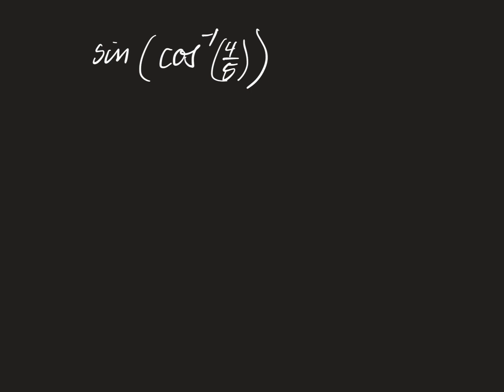So the way you want to do this problem is, you notice the inverse cosine is of a ratio. So whatever is inside an inverse trig function is a ratio. So this is a ratio, okay? Since it's a ratio, we can draw the triangle. And since it's a positive ratio, we can draw the triangle in the first quadrant, okay?